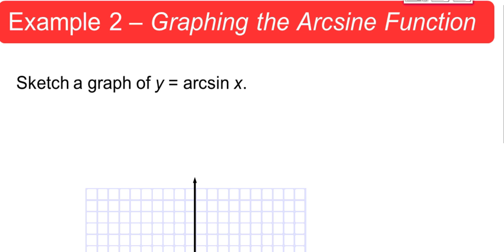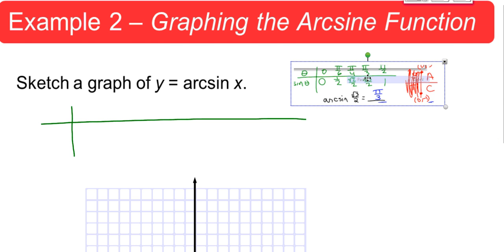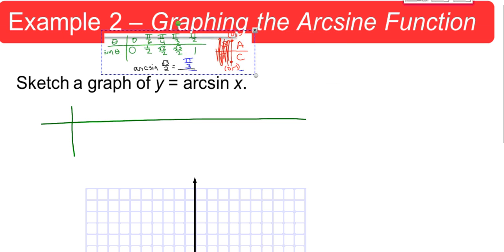Now we're going to sketch a graph of y equals the arc sine of x. We're going to start by making a table of values, and we'll do this for the arc sine as we go. You might want to be thinking about that table. I'm really liking pasting this little piece of table that I made up here.